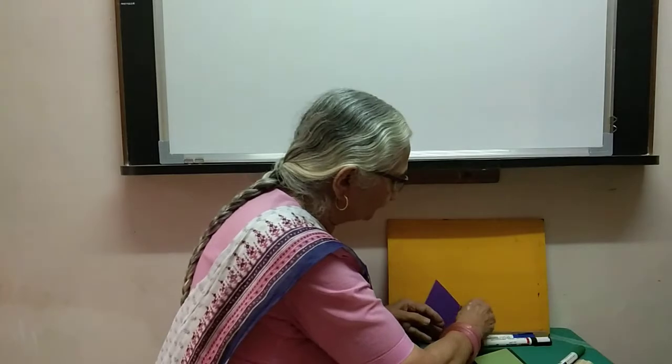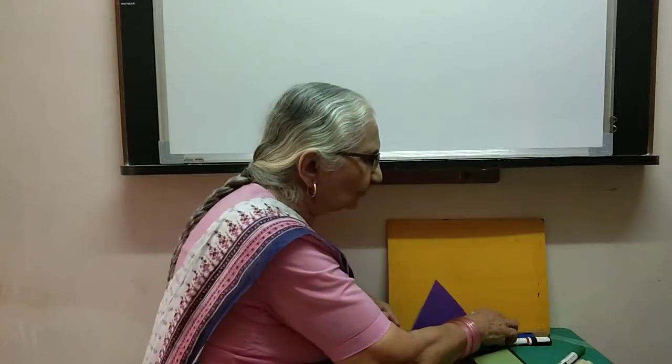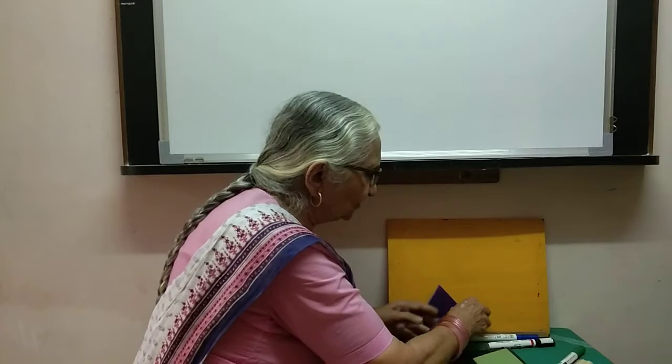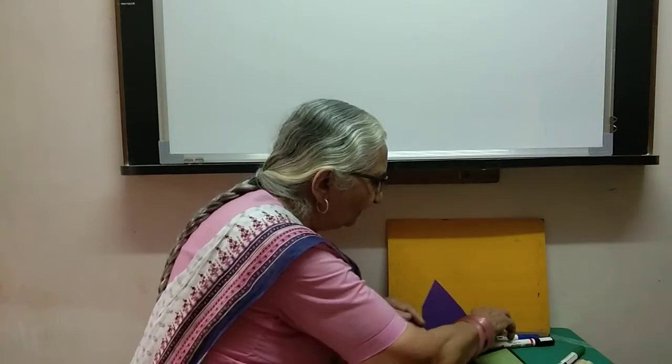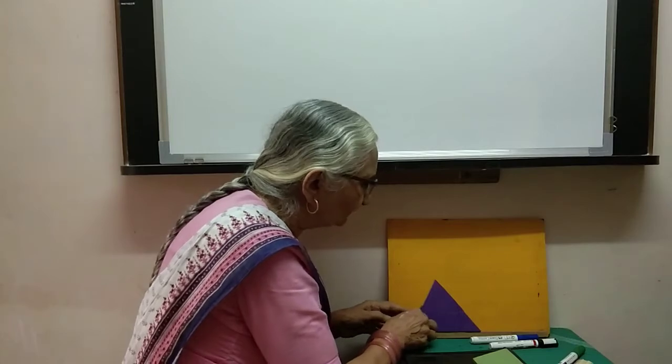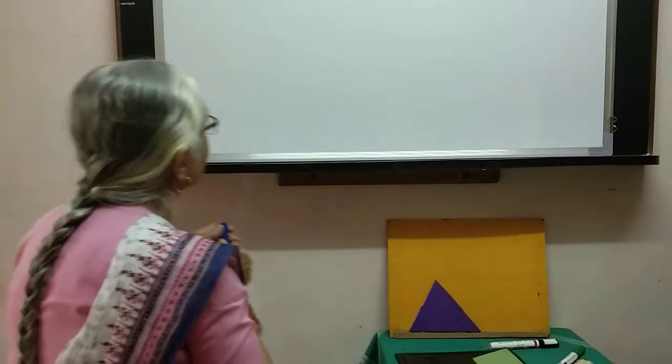Now, starting with the triangle, we want the area of the triangle, and we know that the area of a triangle is 1/2 BH, where what is B and what is H? It is like this.